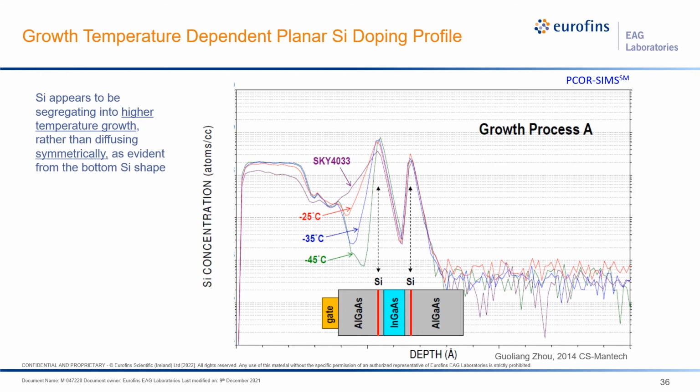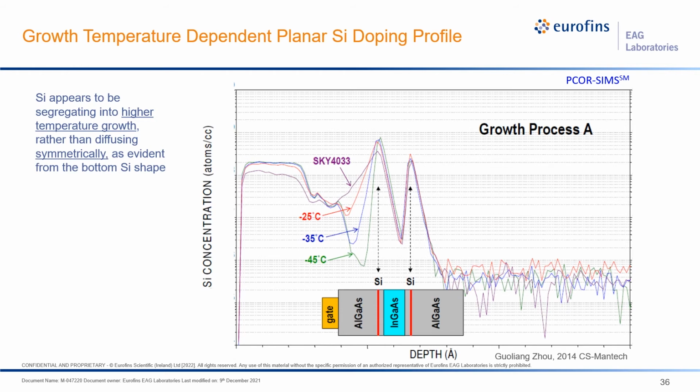In other words, the change in temperature is not a diffusion mechanism, because if it was diffusion, you would see a symmetrical distribution of the silicon, and we see no effect in the silicon delta layer at the bottom.